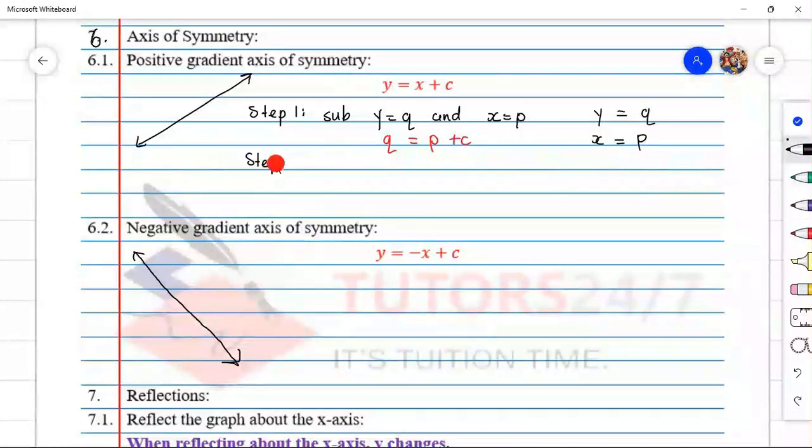Step number 2 is to solve for c. So if we were to solve for c, we'd end up with c equals q minus p. And our last step is to substitute c back into the original.